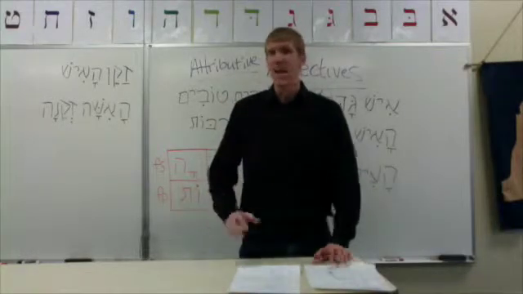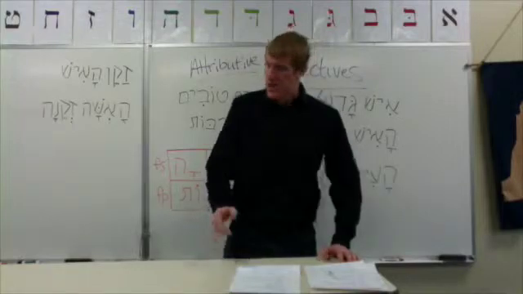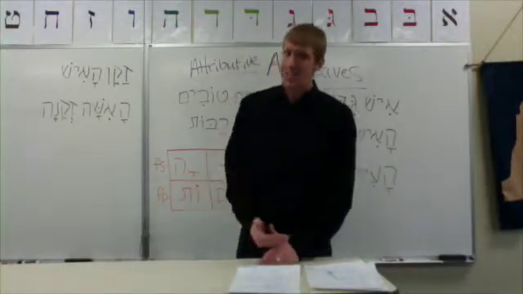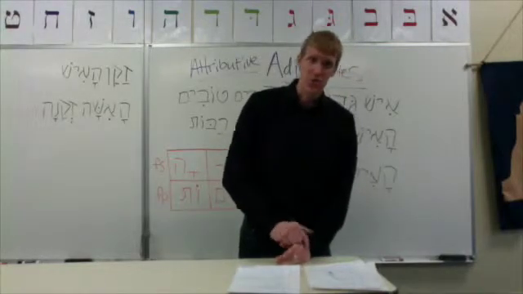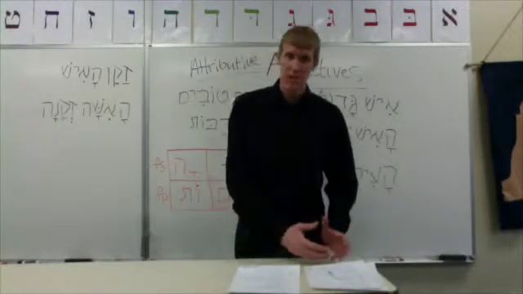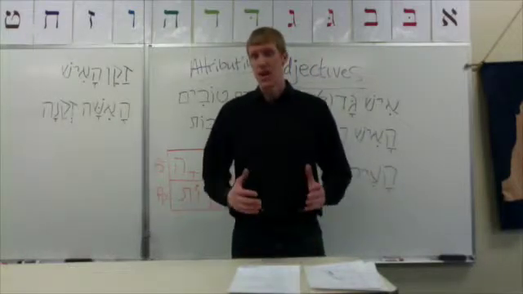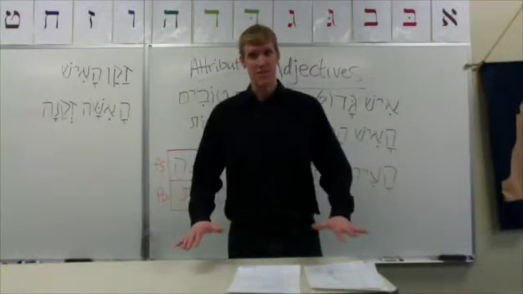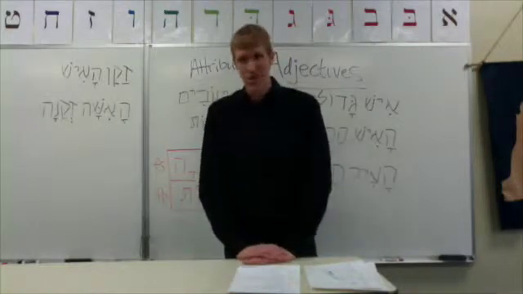So, predicate adjectives will never take the definite article. And so if you have a noun that has the definite article, and there is an adjective adjacent to it, either generally before, but sometimes after, that's modifying it, and the adjective is indefinite, then you know you've got a predicate adjective modifying a noun.